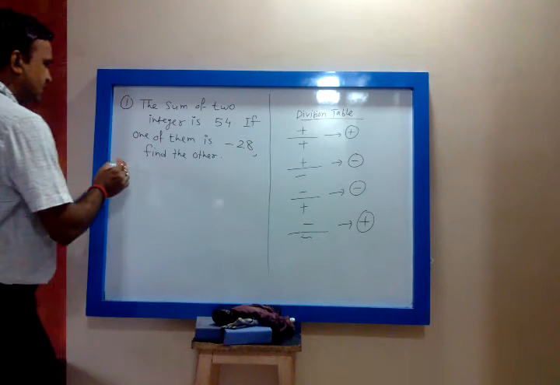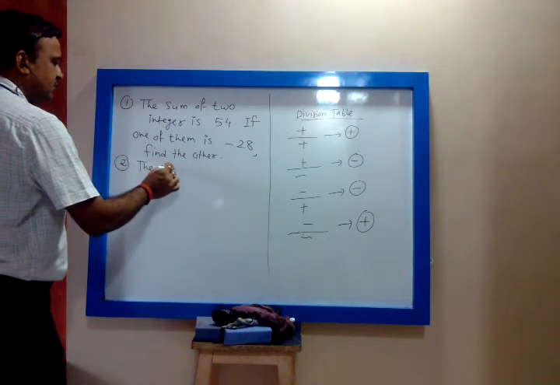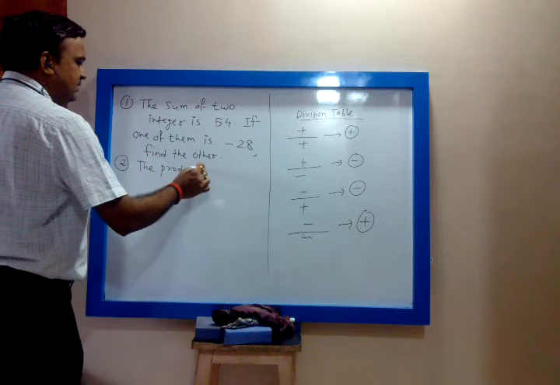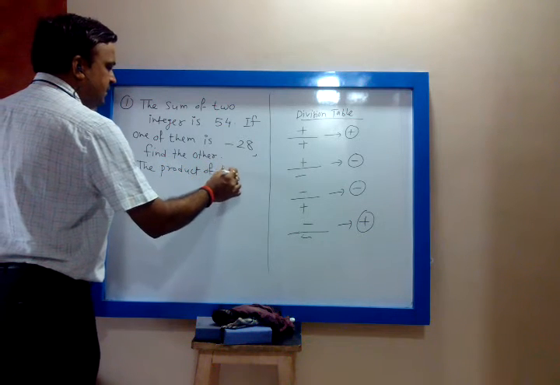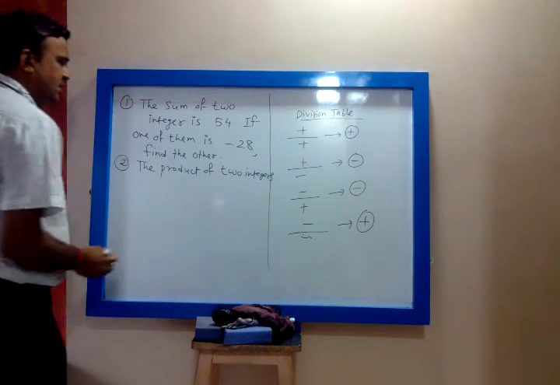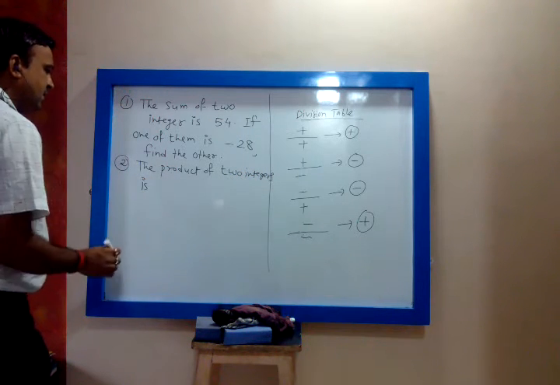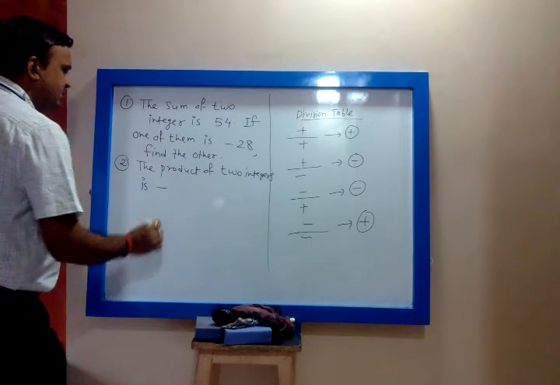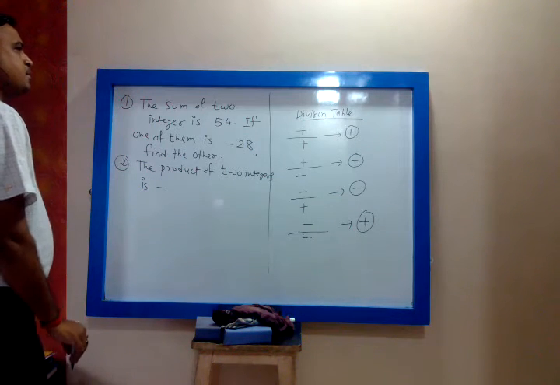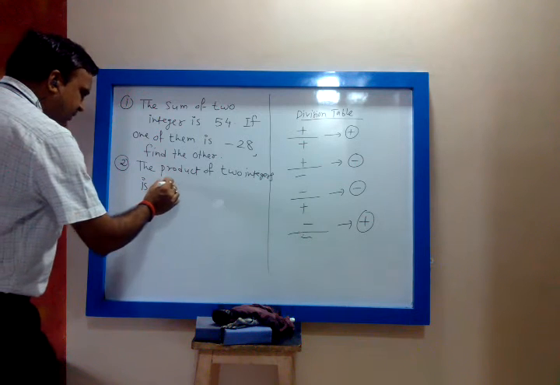Start. Then second, the product of two integers, everybody has to solve. The product of two integers is minus 120.